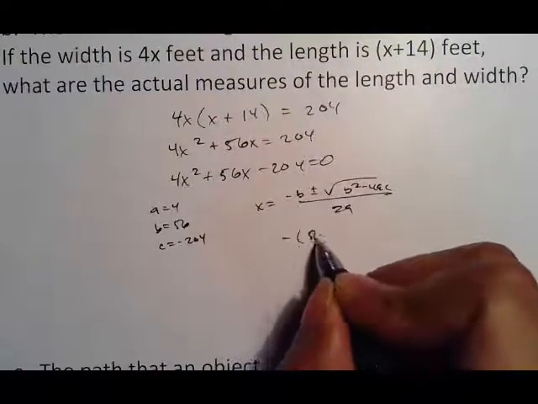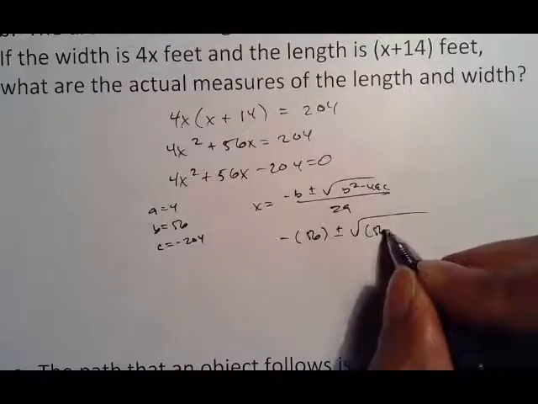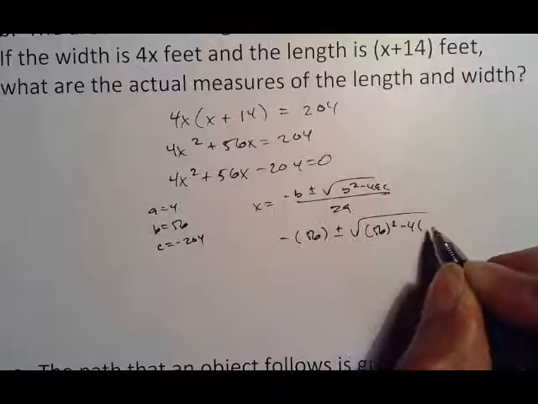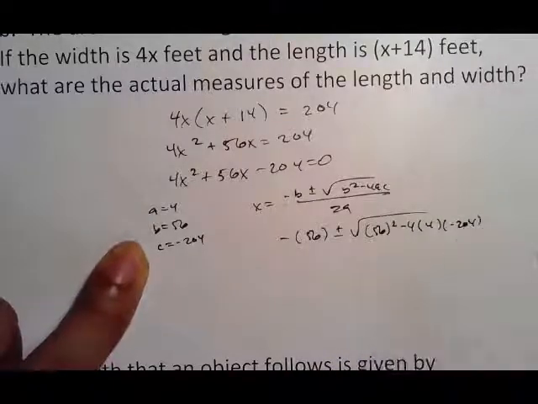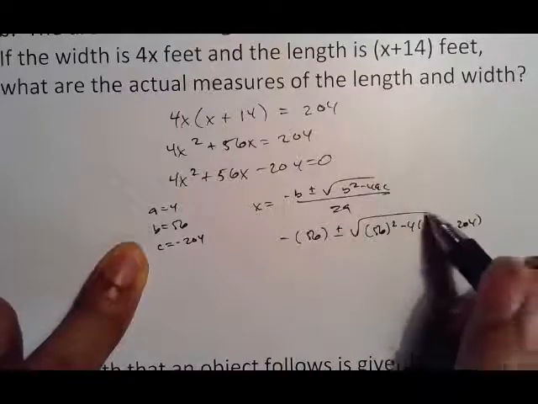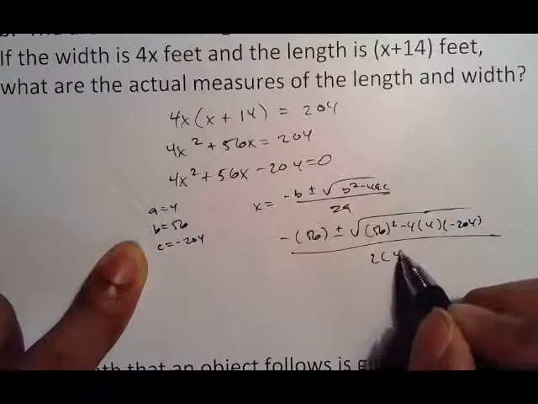So negative 56 plus or minus square root of 56 squared minus 4 times 4 times negative 204, all over 2 times 4.